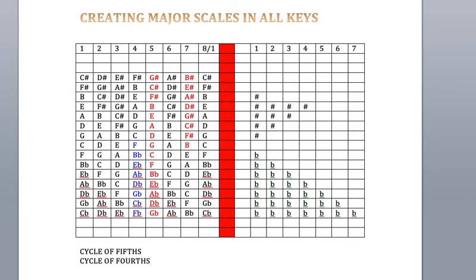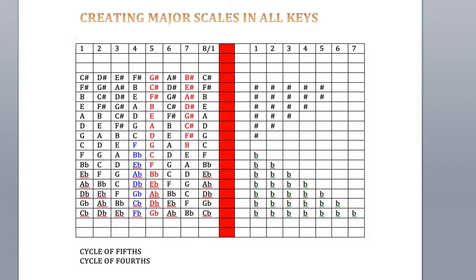And B major has five sharps. 1, 2, 3, 4, 5. And F sharp has six sharps: 1, 2, 3, 4, 5, 6.